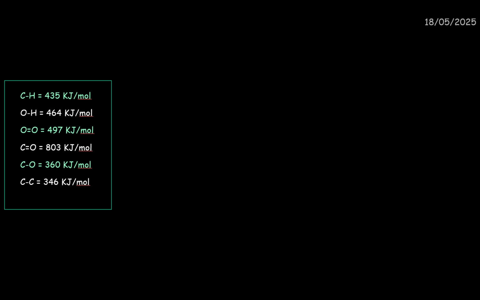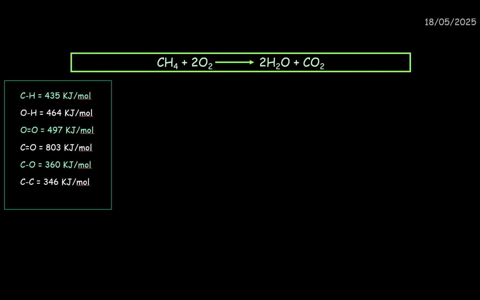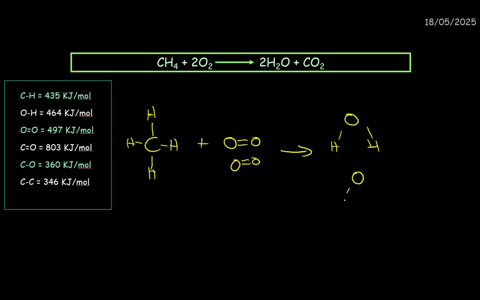Right, we need to know about bond energies. Now, bond energies is a really simple concept. You have it drawn in the exam most of the time, so I'll just draw it for you. Okay, let's have a look at how we calculate the bond energies then.